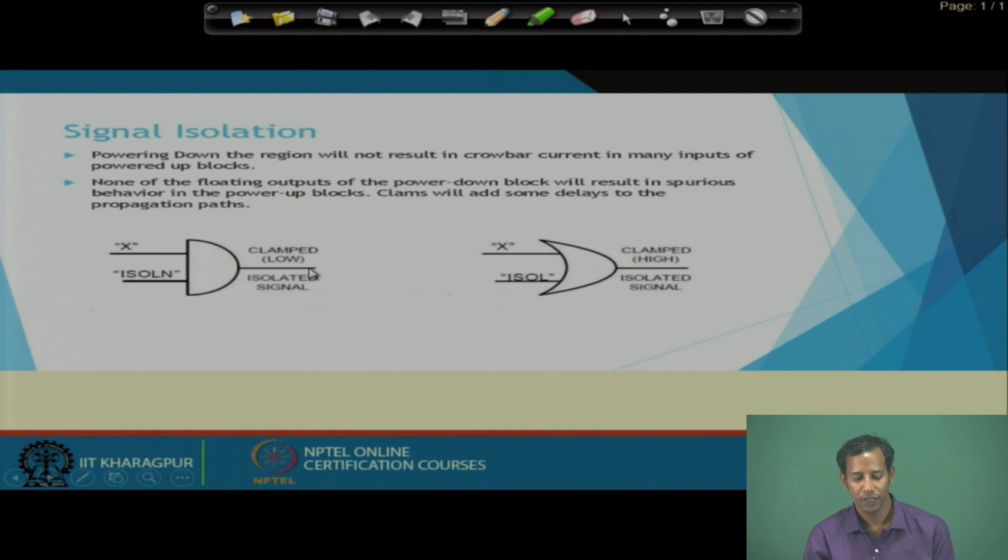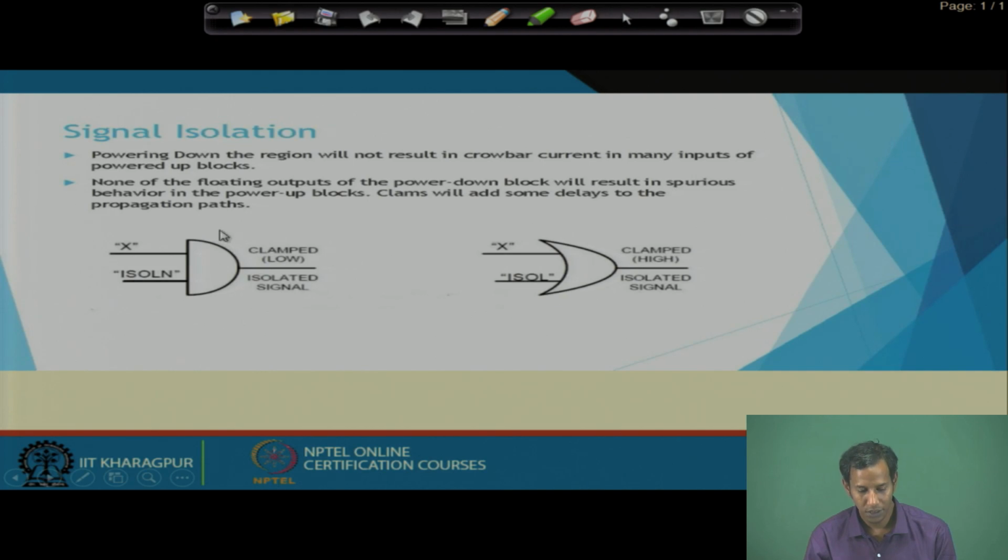Then what we can do is signal isolation. So, what is signal isolation? Powering down the region should not result in crowbar current in many inputs of the powered up blocks. None of the floating outputs of the power down block should result in spurious behavior of the power up blocks. Clamps will add some delays to the propagation path.